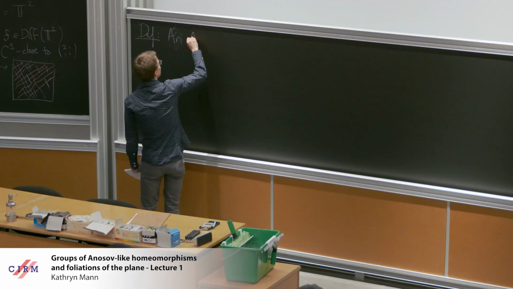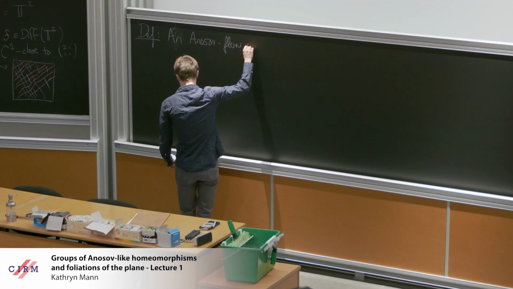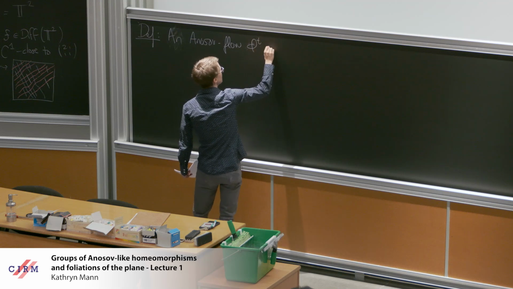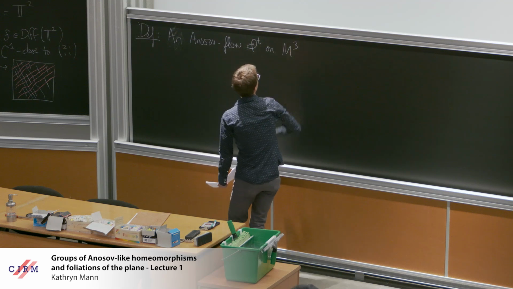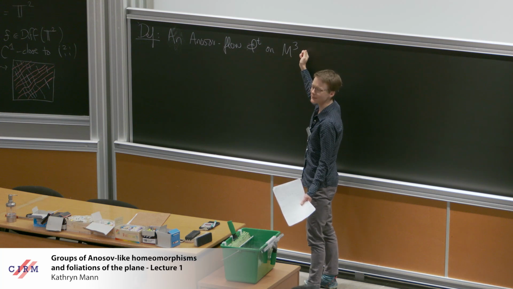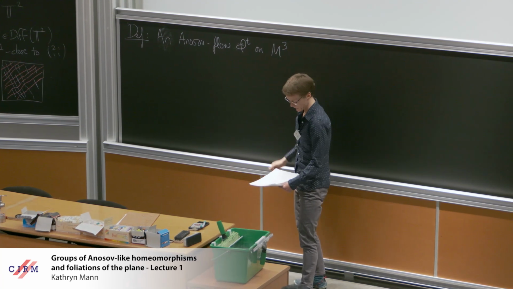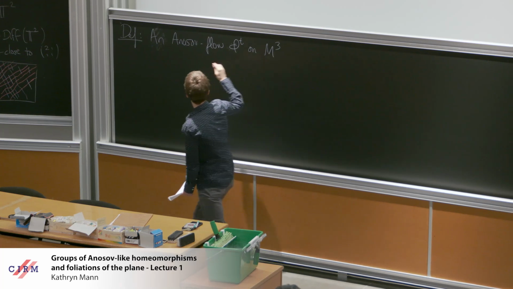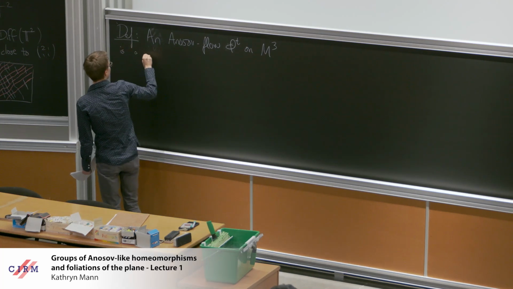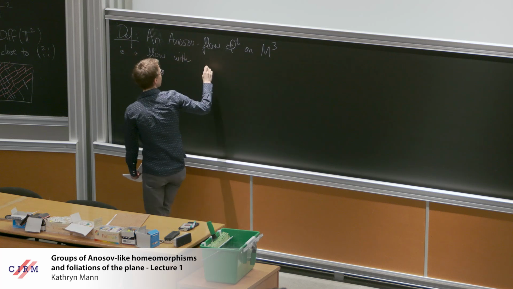An Anosov flow, let's call it phi t. Here my 3-manifold is compact, although it doesn't necessarily have to be. I'll take one that's compact and has some Riemannian metric on it. It is a flow with an invariant splitting.